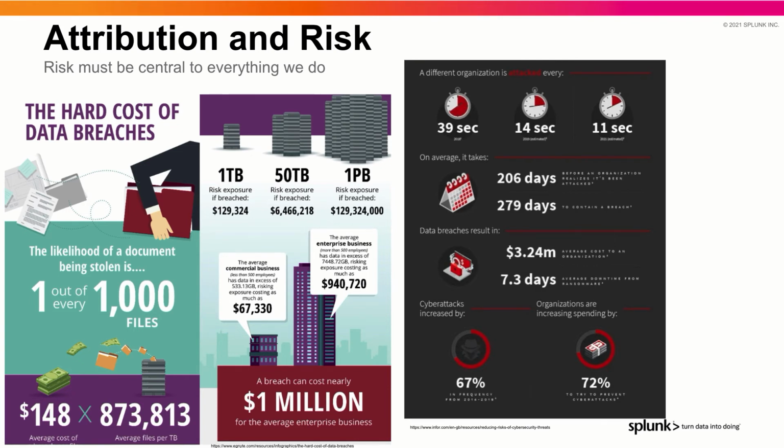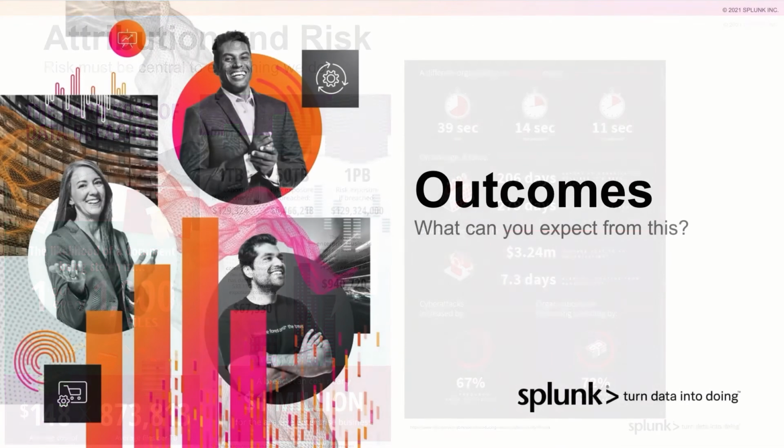There's a multitude of reasons why this is happening, but in order to get better, we have to make risk central to everything that we do within security operations. We have to make the threat analyst, the SOC analyst, whoever analyst's job easier by providing them everything they need right in front of them in one place to quickly and efficiently make decisions when a security event occurs.